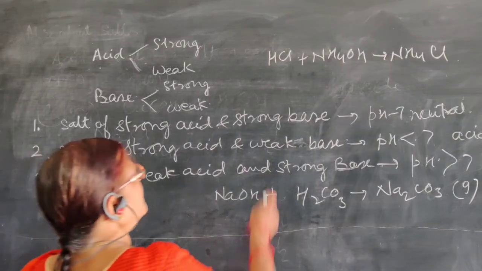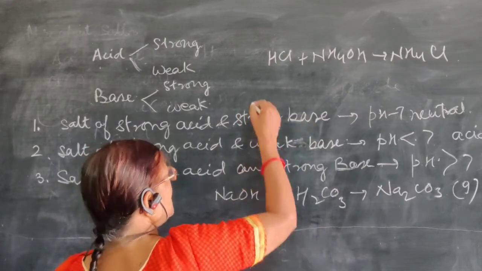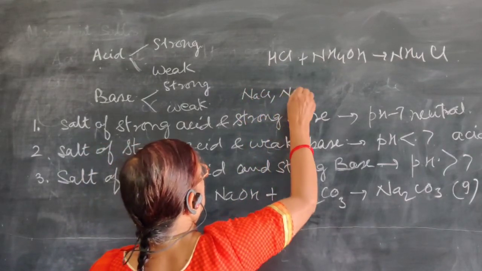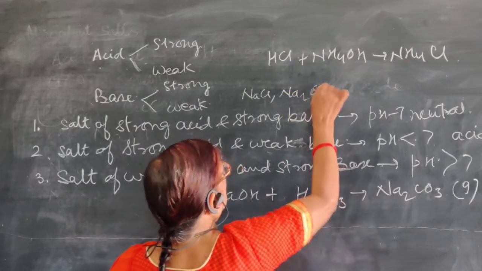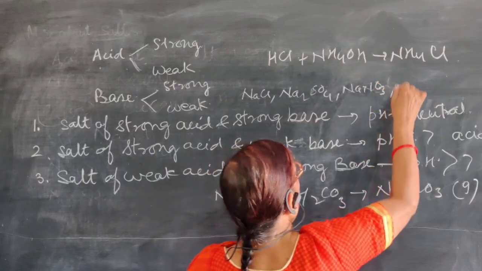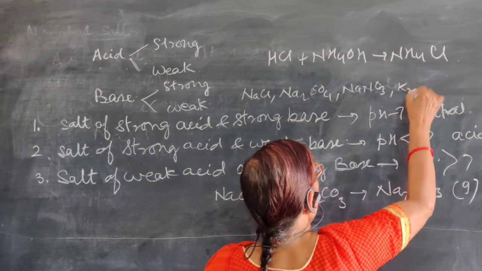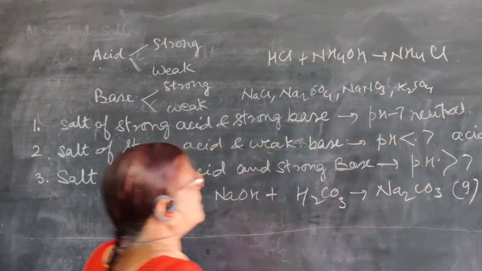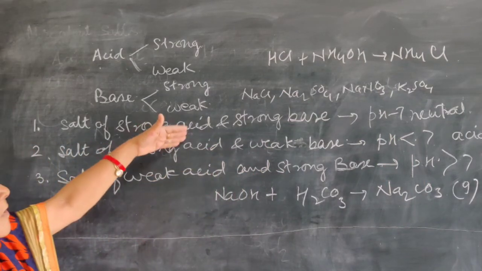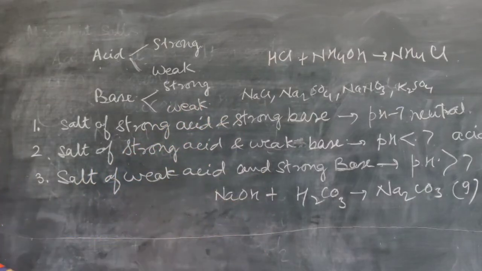If you want, you can write some examples here: NaCl, Na2SO4, sodium nitrate NaNO3, potassium sulfate, and many others. All these are examples of strong acid and strong base salts, and their pH will be 7 and they are neutral.